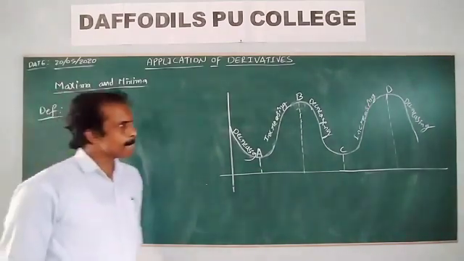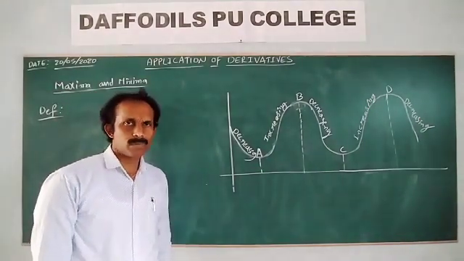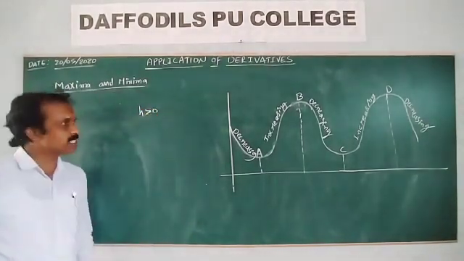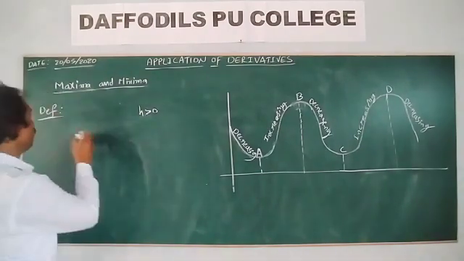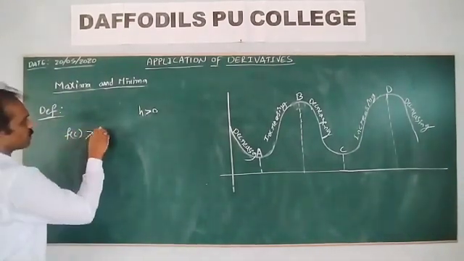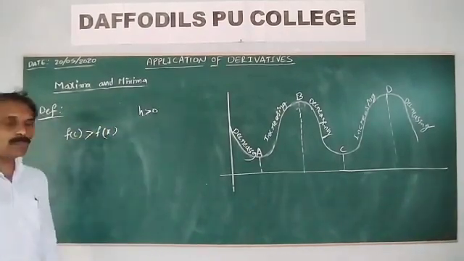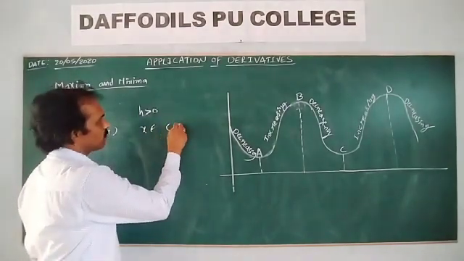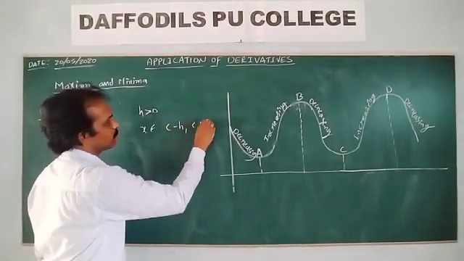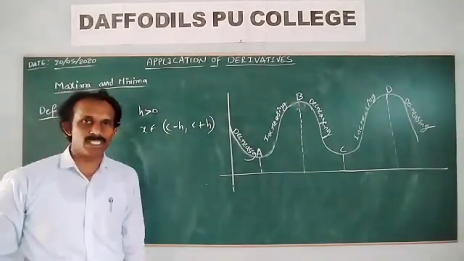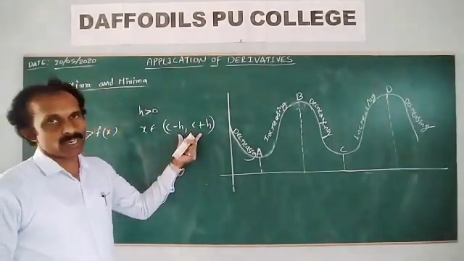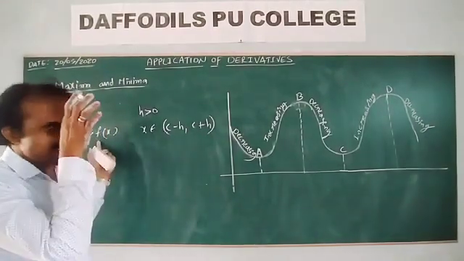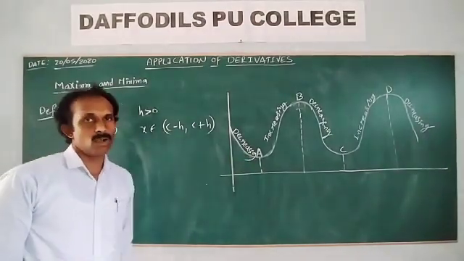By the definition, f is said to have a local maximum at C if there exists h greater than 0 such that f of C is greater than f of x for all x belonging to C minus h, comma, C plus h, that is, in the neighborhood interval.